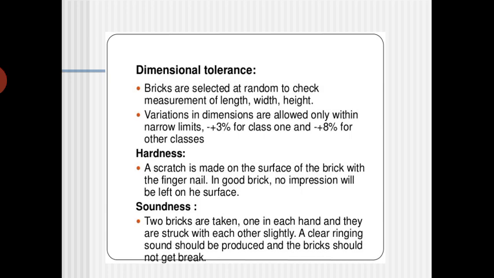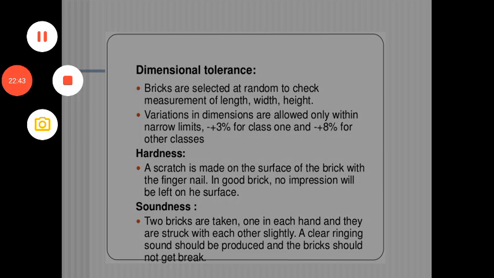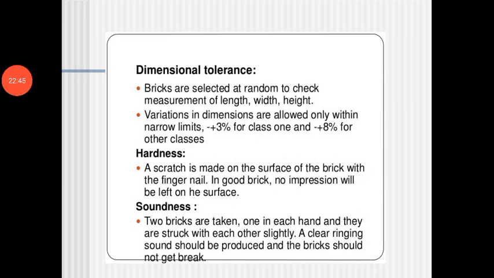Then soundness. Two bricks are taken, one in each hand, and they are struck against each other slightly. A clear ringing sound should be produced, and the brick should not break.